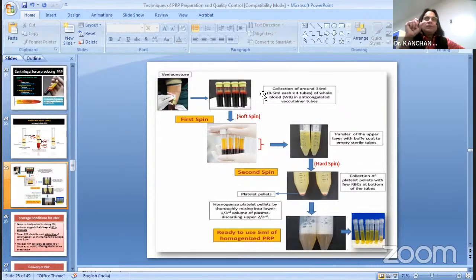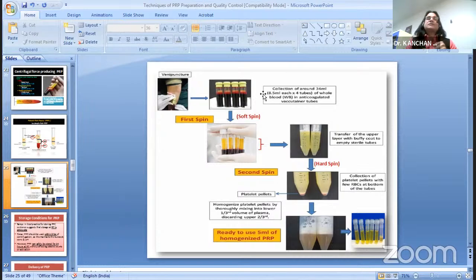This is one very good question. What is the good ratio for making the PRP? Can anybody guess? Suppose I need 1 ml PRP, right? For some work, so how many ml of blood do we have to collect from the patient? This is a very good ratio. We have to optimize it in our laboratory. Generally, for 1 ml PRP, you need 10 ml blood.